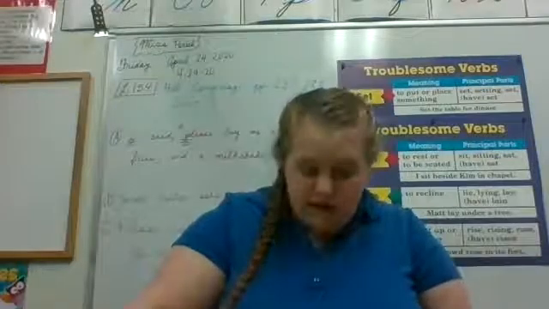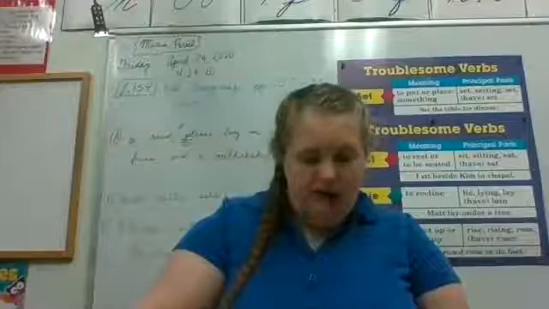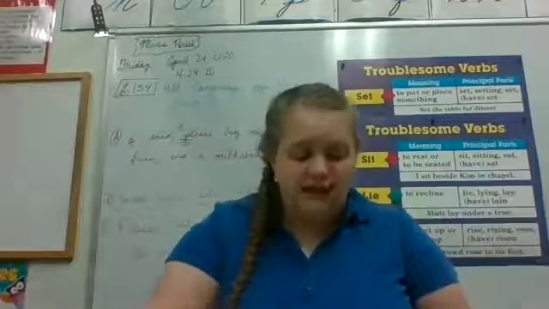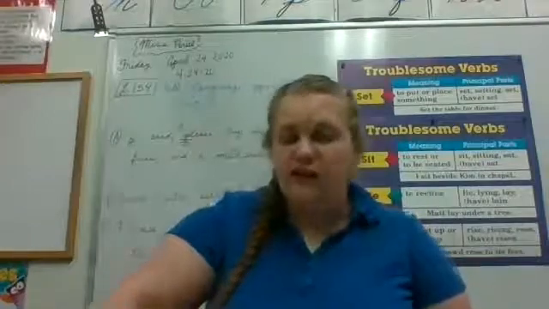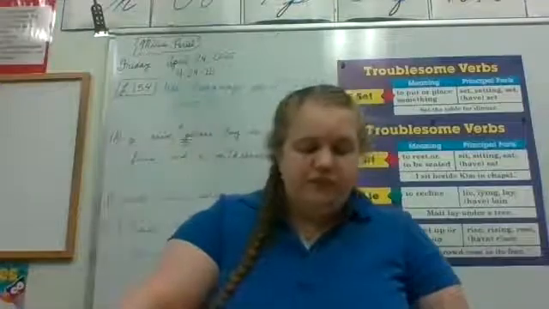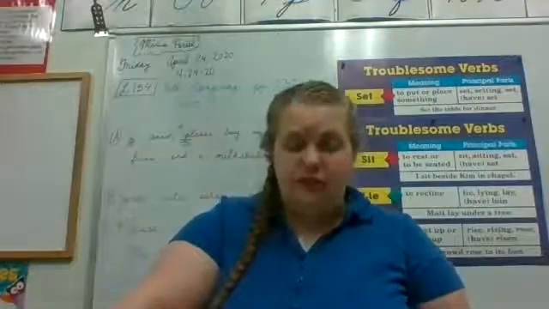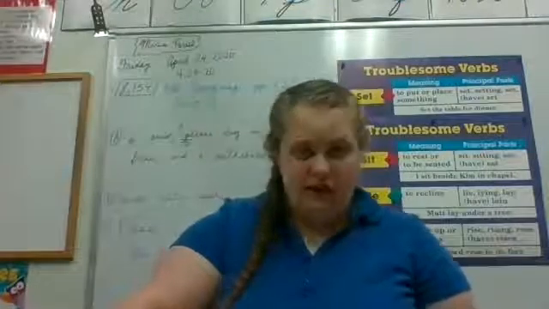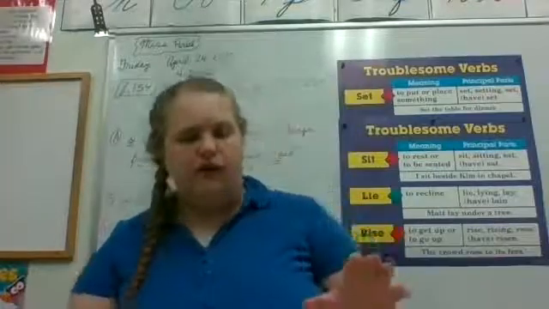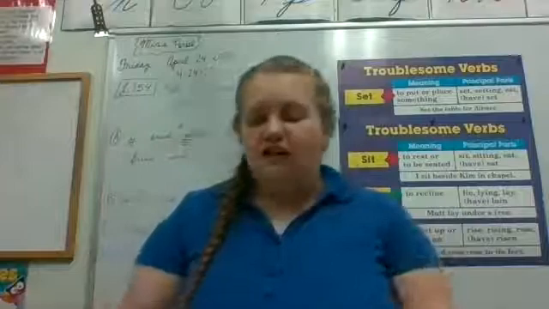Write C for correct or I for incorrect in the blank, okay? So you don't have to correct them, you just write C or I. So if there is something that needs to be put in there or taken away, then you put I for incorrect. If it's completely correct, you put C, okay? All right, so that's what you're doing for language today.